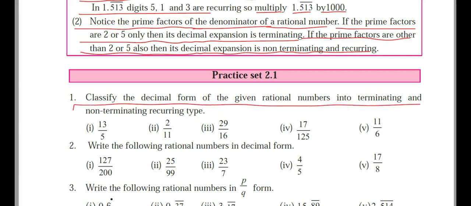Classify the decimal form of the given rational numbers into terminating and non-terminating recurring type. Just as we have seen, if the denominator has prime factors 2 or 5, then it is terminating. The first, 13 upon 5, is terminating. Next, 2 upon 11, the denominator is other than 2 or 5, therefore it is non-terminating.